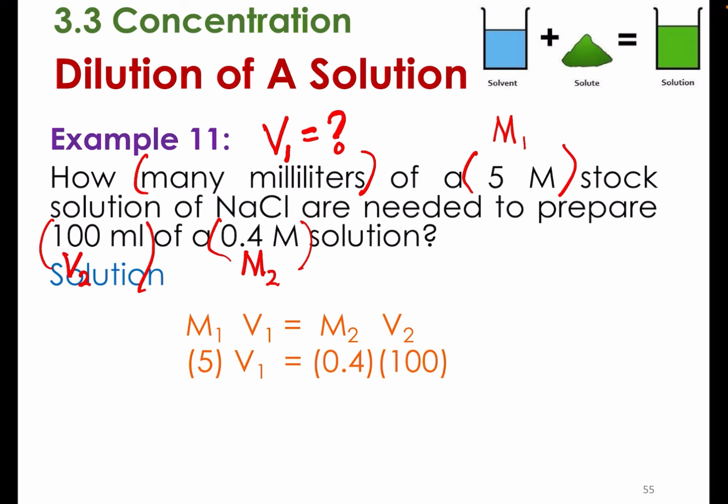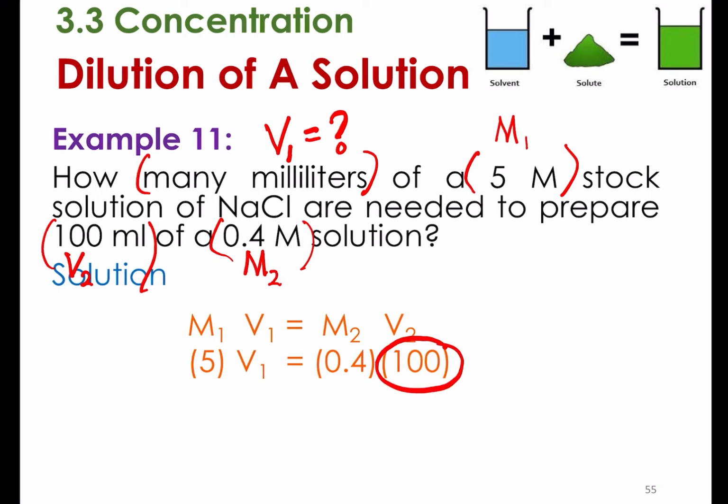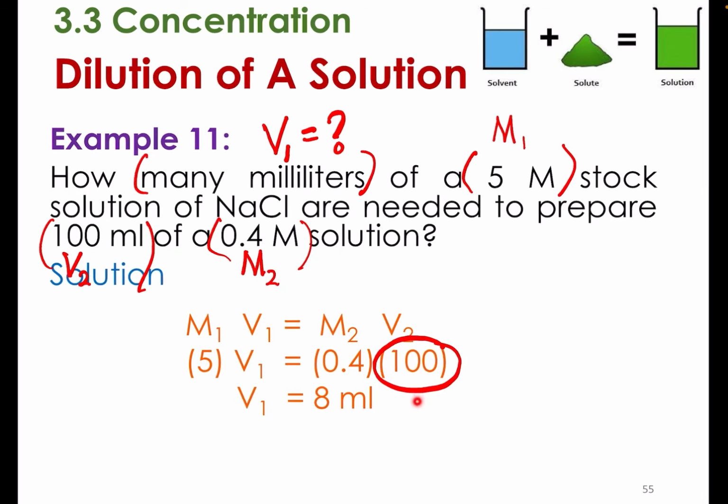And in this case, my volume here, saya letak sahaja dalam unit ml because at the end of my answer, I will get my V1 in ml. If you take a look here, my volume is 100 milliliter, so the unit is milliliter. But this is the formula for molarity. As I mentioned before, in the previous video about molarity, the volume for the solution must be in liter. But kenapa saya guna 100 dekat sini? Saya tak convert.